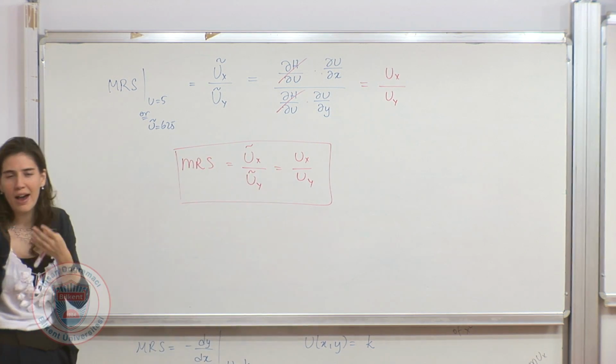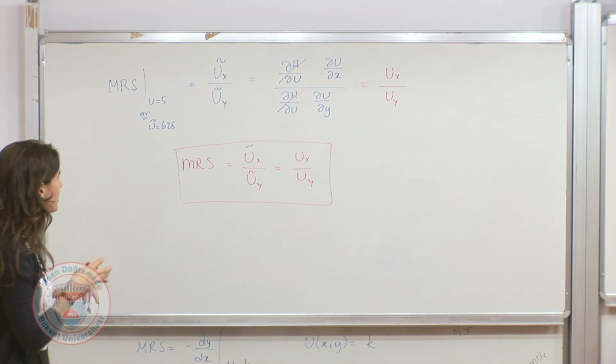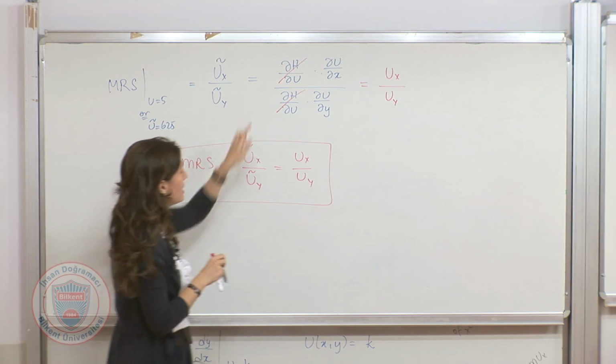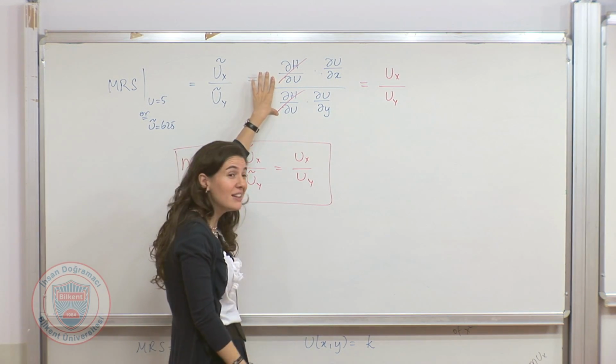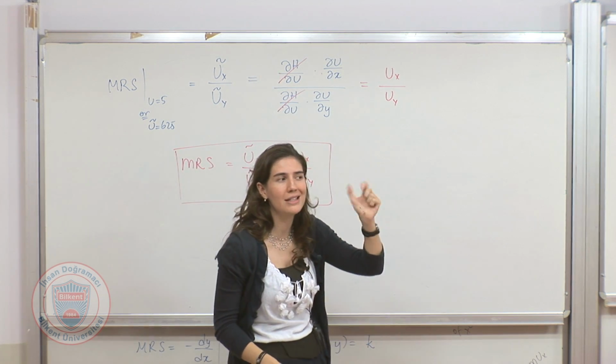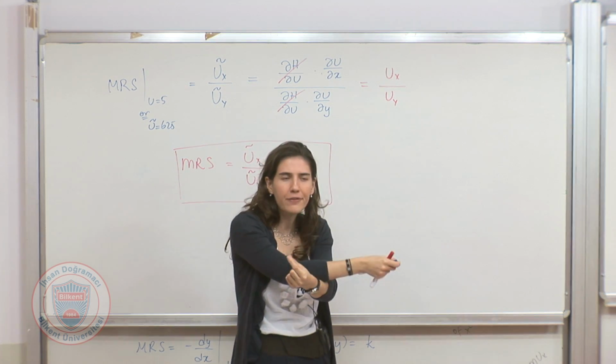Did I use the fact that it's positive at all? This derivative is positive at all when I do this? You see that these guys cancel out. So apparently it doesn't matter for MRS, but we know that it should matter because it's not going to represent the same order. It's going to represent a completely different ordering.